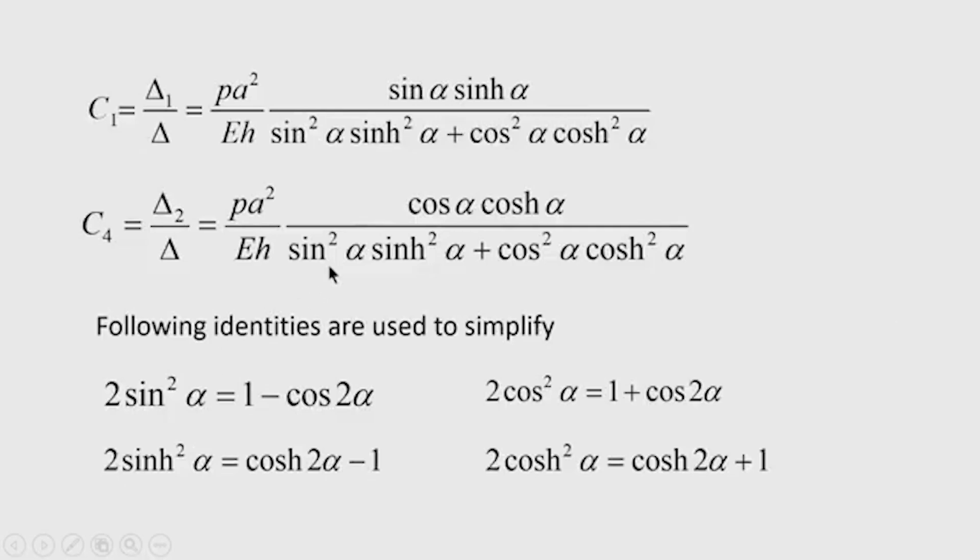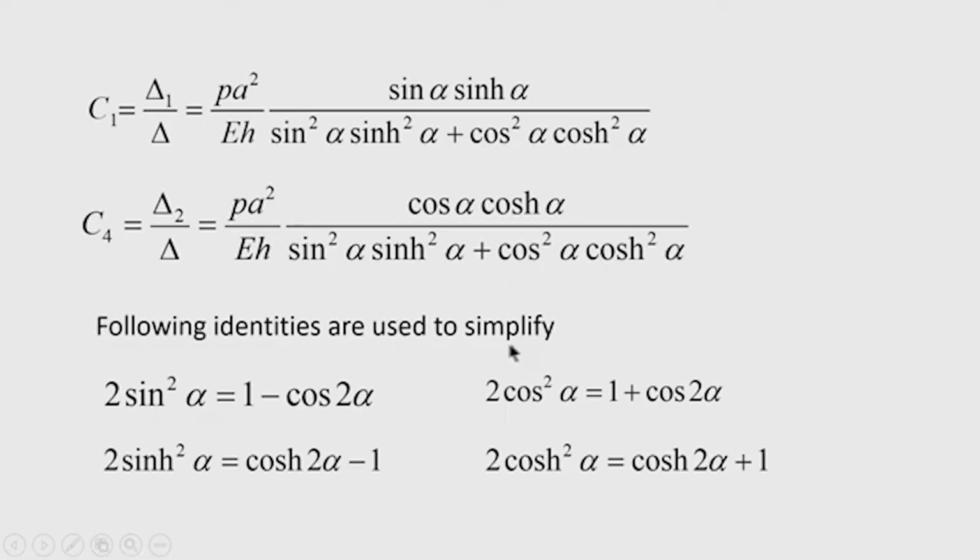Okay. So, the denominator that you are seeing here, sin square alpha sin hyperbolic square alpha plus cos square alpha cos hyperbolic square alpha, is nothing but the expansion of the determinant formed by the coefficients of the matrix equation, the 2 by 2 matrix.